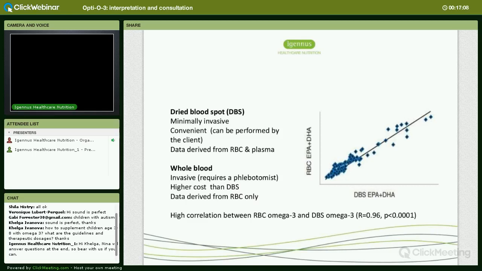So we just want to look at red blood cell membranes. So fasting overnight, ideally we do the blood spot first thing on a Monday so that you can post it directly to us so that it doesn't sit around for too long, and primarily before breakfast time. So you can have a glass of water, but ideally nothing to eat from bedtime the night before.